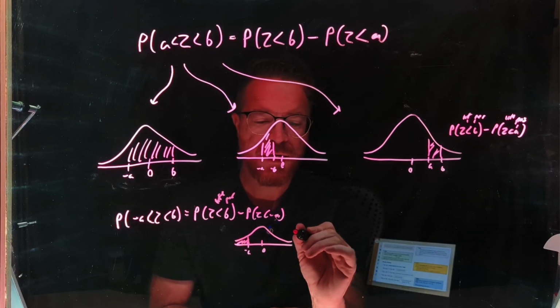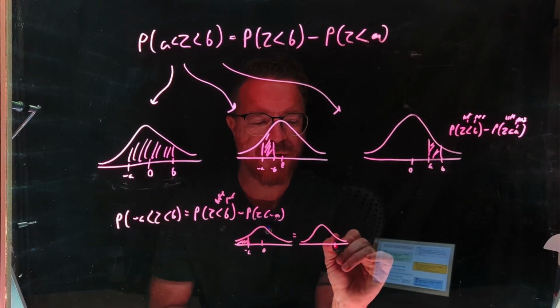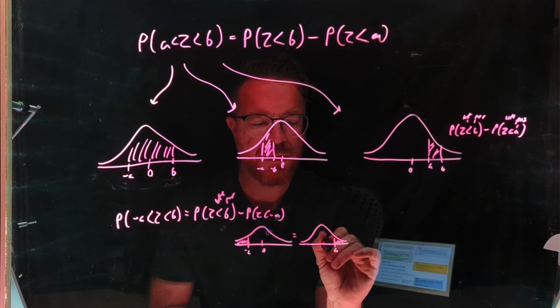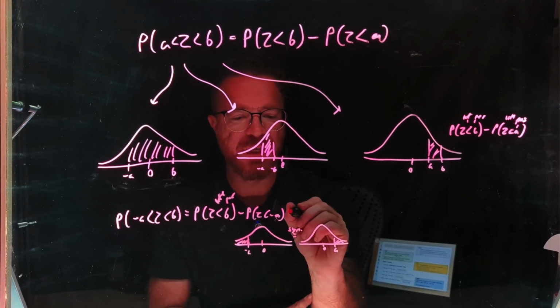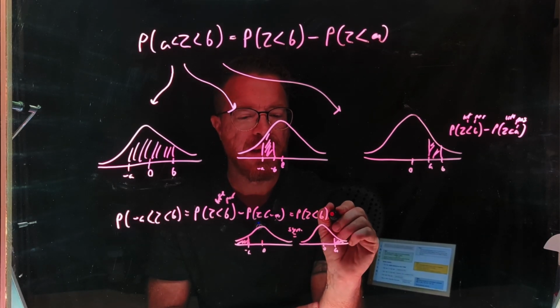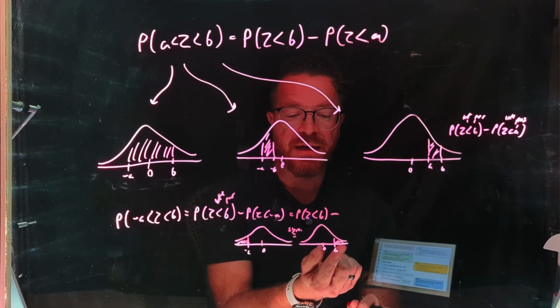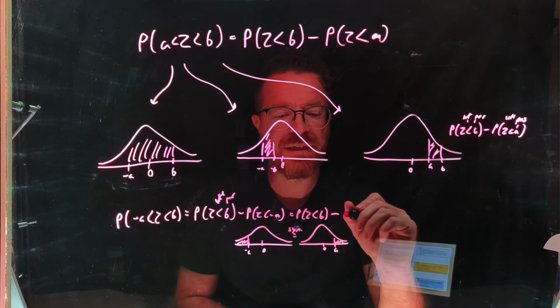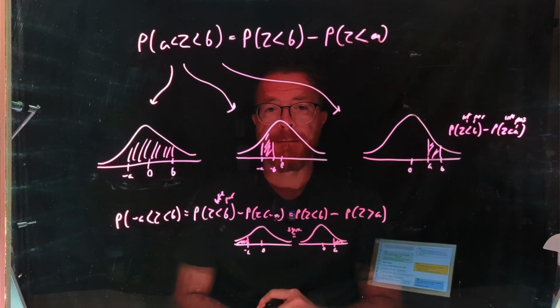So I'm going to use symmetry to look at everything to the right of positive a. So this is then going to become the probability z is less than b minus, and then what is this? This is positive a, and we're looking to the right. So probability z is greater than positive a.